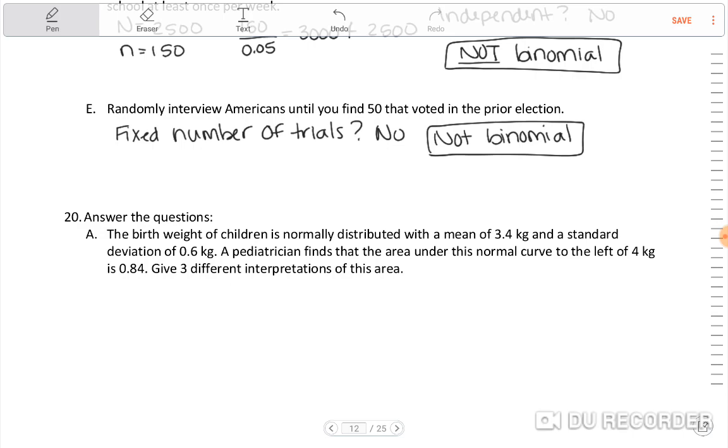The first interpretation is that you can state this in terms of probability.